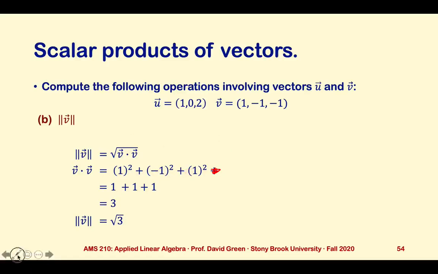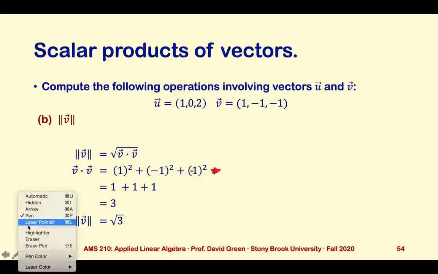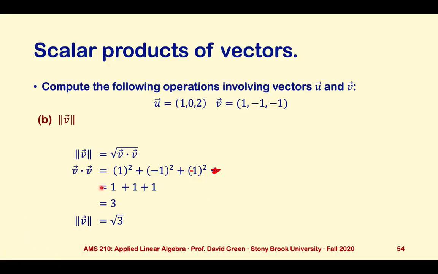Looks like there's a couple typos on this that I'll fix in the notes. This should be a negative. All right. Sorry about that. With those typos corrected, 1 squared plus -1 squared plus -1 squared, 1 plus 1 plus 1, 3. So the norm of v is the square root of 3.